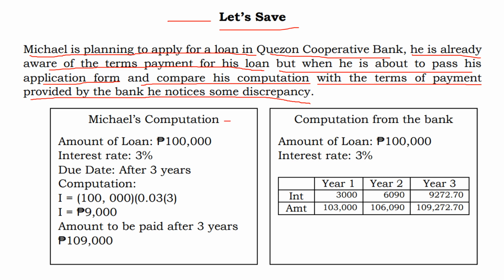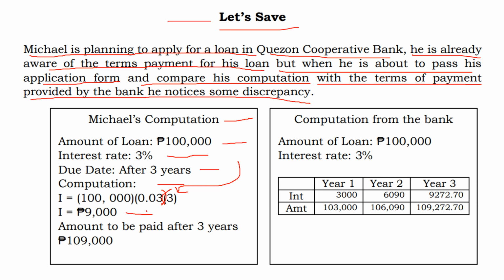So in Michael's computation, the amount of loan is 100,000 and the interest rate is 3%. After 3 years, he applies simple interest here. This is 100,000 multiplied by 0.03 multiplied by 3 years.